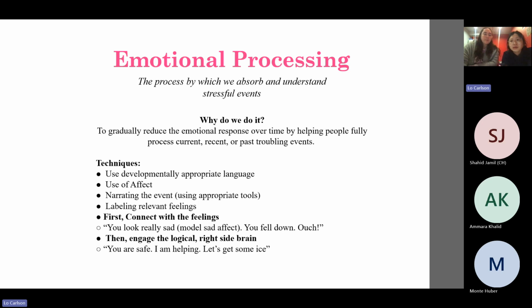So the techniques that we would use to help them emotionally process are using developmentally appropriate language, not making it so difficult or so wordy, making it fit for their level, and using affect and narrating the event, which Lo already beautifully said.